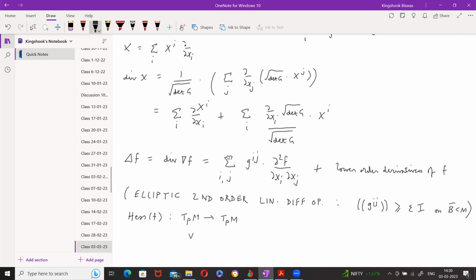So it was a vector v going to the vector nabla sub v of grad f. This was the Hessian, right? And I want to relate the Laplacian to this Hessian. To do that, we'll need a little bit of work.